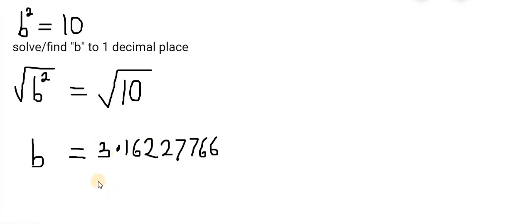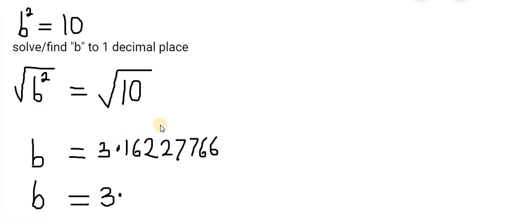Okay, now the question wants b to one decimal place. This is not b to one decimal place. So for our final answer, we say b is equal to 3 point, our first decimal place is 1, but we check the number after it before we close out.